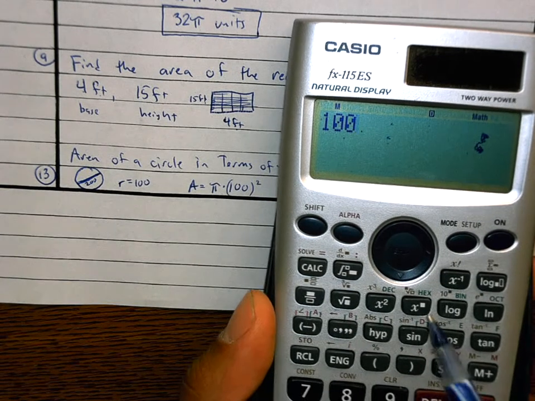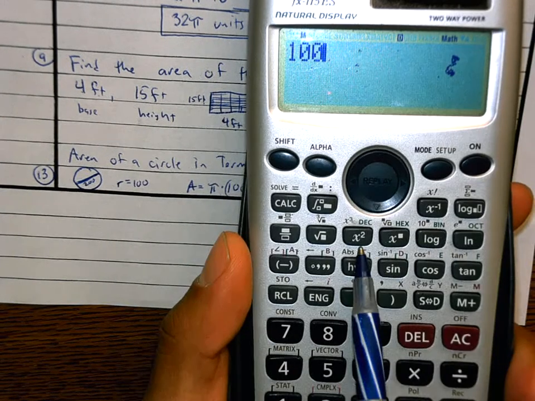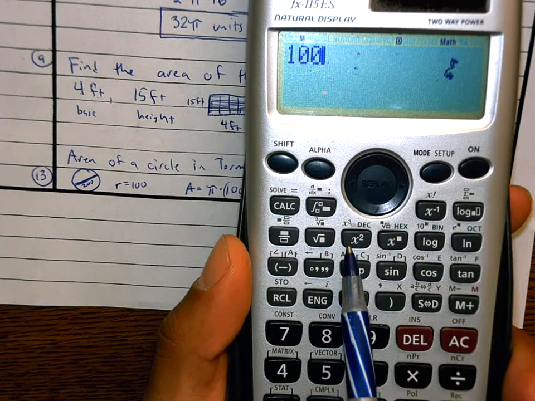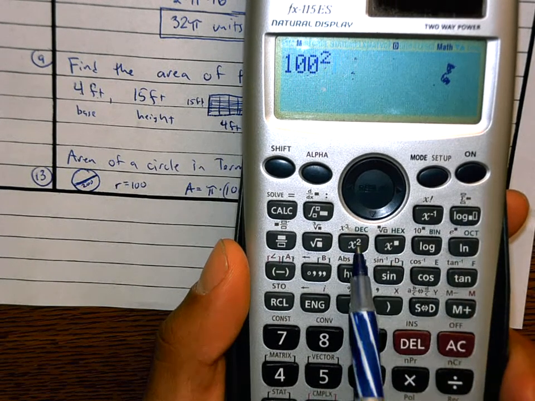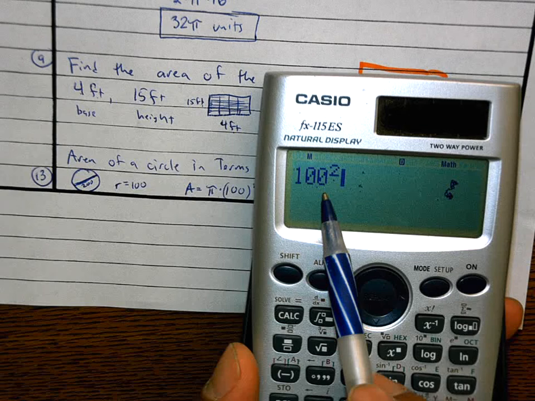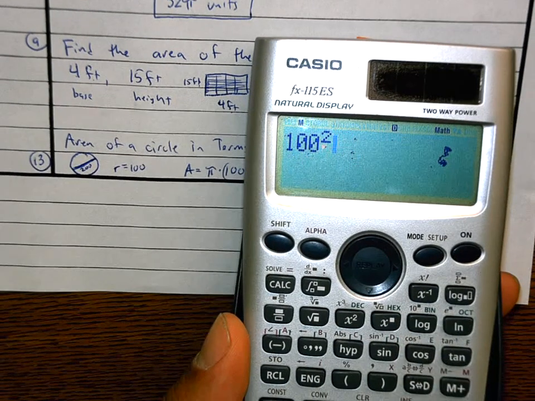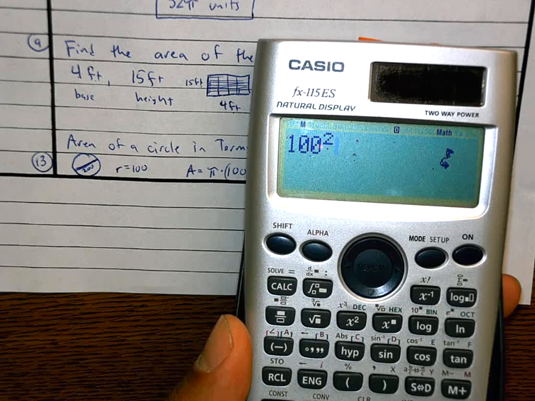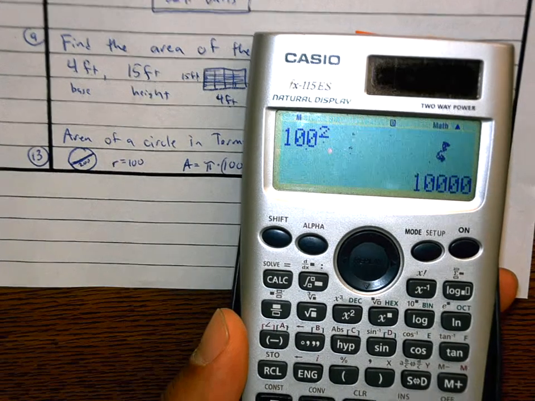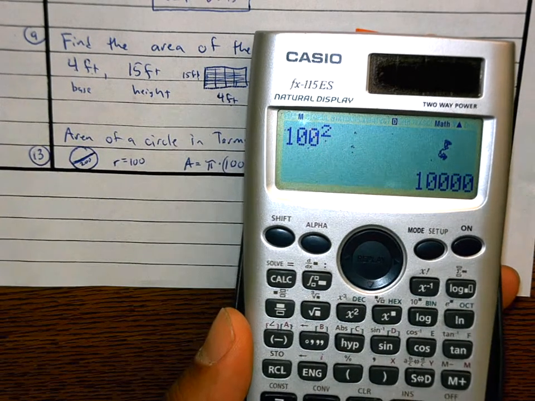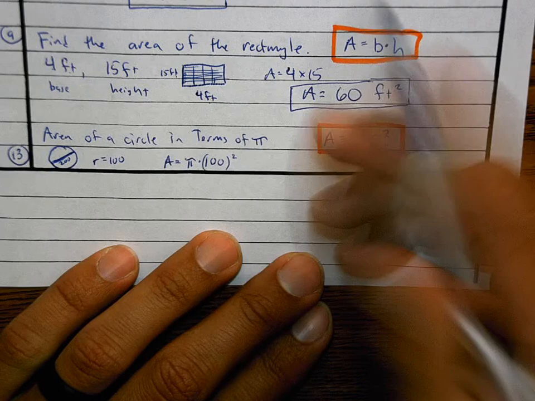The square button is right there where it says x squared. When you press it, it gives you that little second power right there. 100 squared. How many zeros will it be? If you said 4 zeros, you are correct.